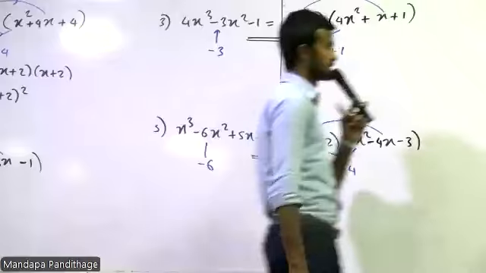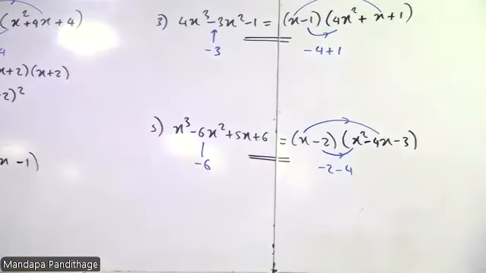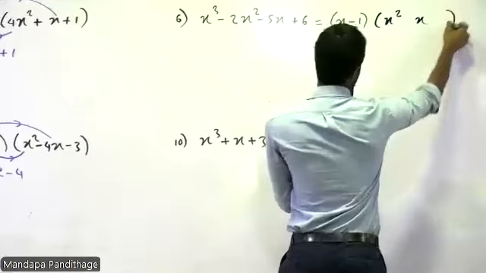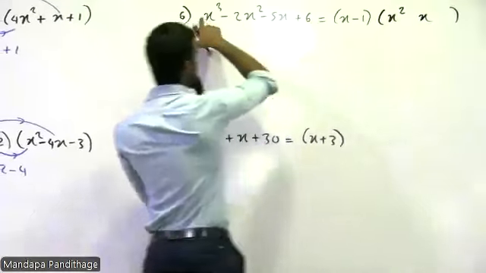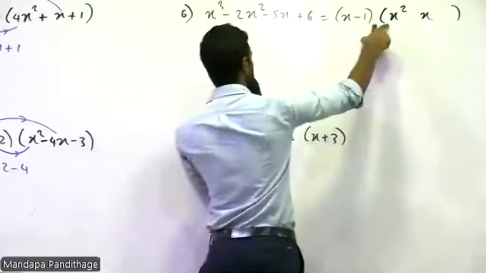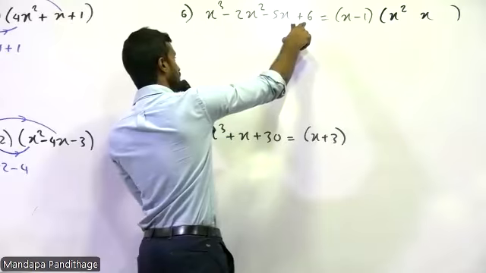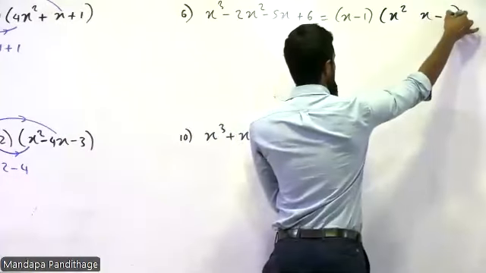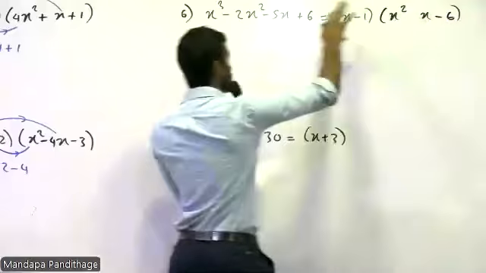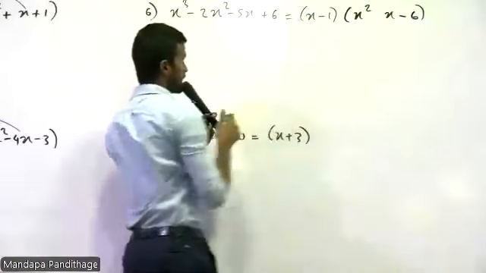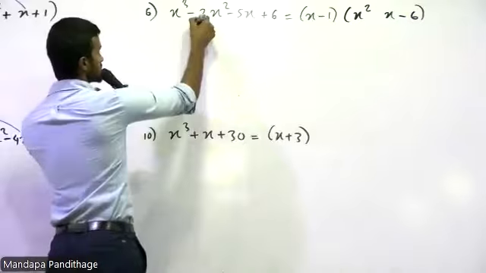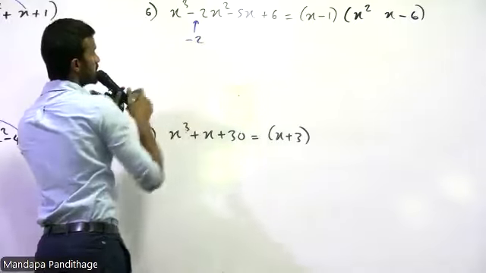Okay, question number 6. X minus 1 is one factor. We got x squared and x. So here x cube is the coefficient 1, so this one should be 1. To get +6, you want -1 into -6. And then compare the coefficient of x squared, it's -2.